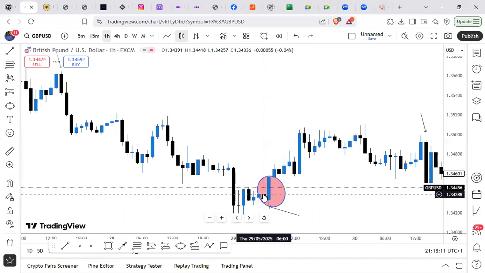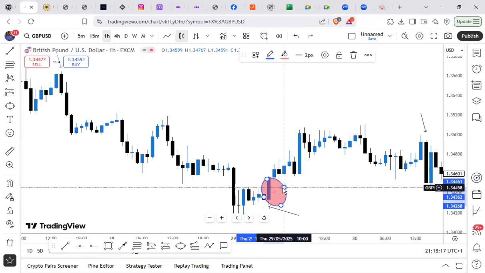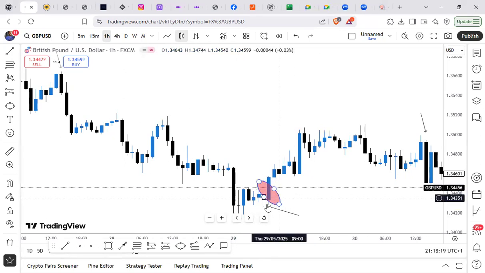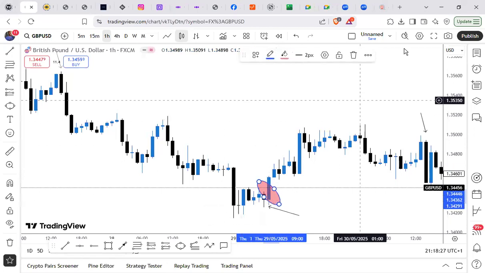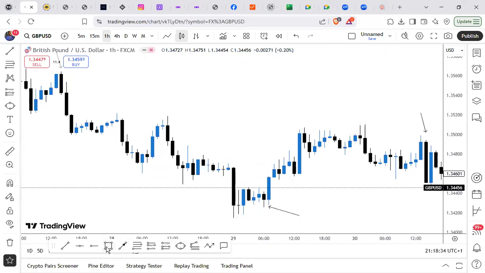These two candles, this black and this blue right here. The bullish candle swallowed the black candle, the bearish candle, and gave us the bullish engulfing pattern.